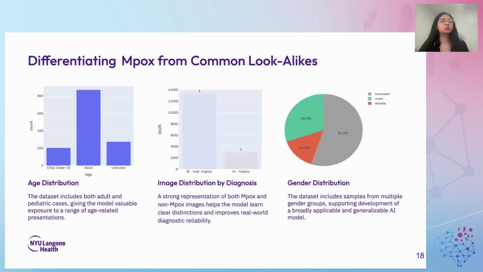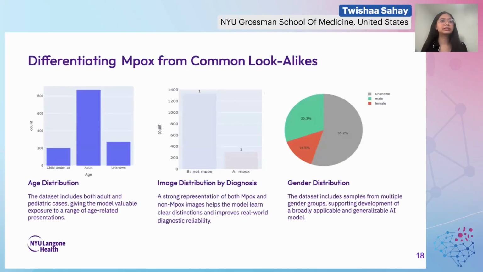Twishaa. So over here we see different distributions. Now we've used these different distributions related to demographic or anatomical distributions to not just highlight the diversity of the data set, but also because metadata is vital in multimodal models.